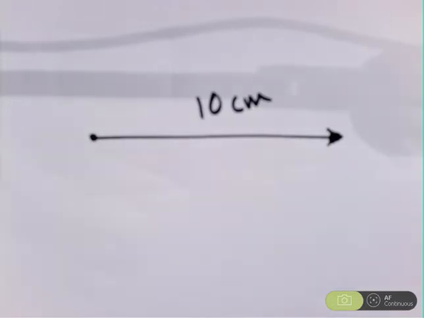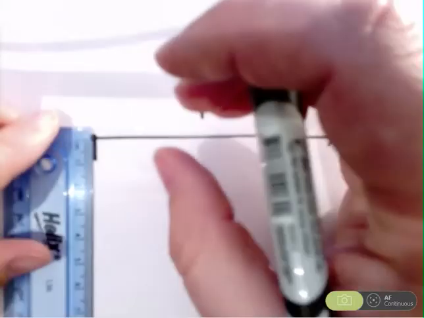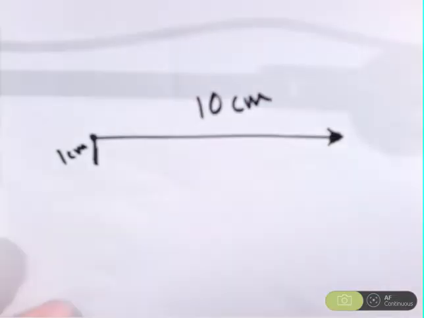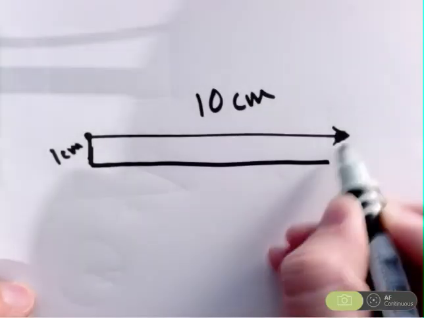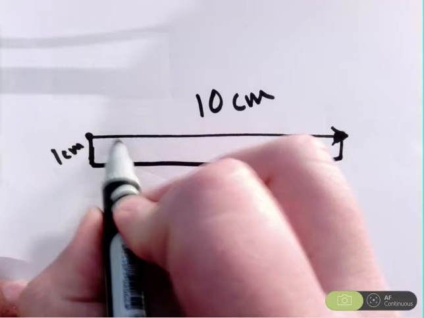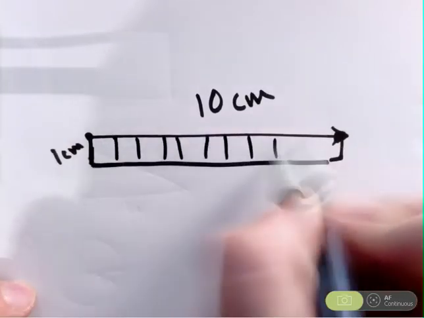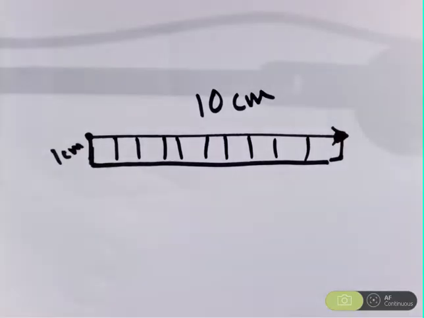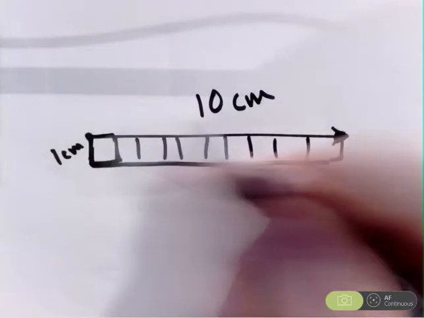If this were 1 centimeter long or tall and made a little rectangle like this, there'd be 10 centimeters on the inside. Now, I didn't measure all these obviously, but each one of these is going to be a square unit.